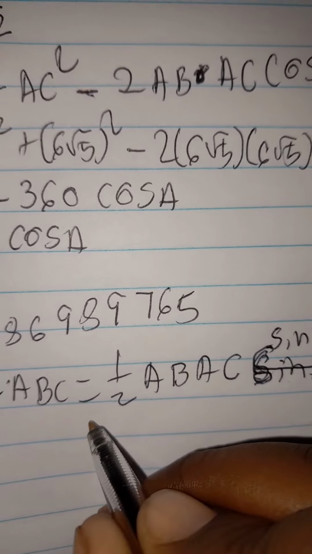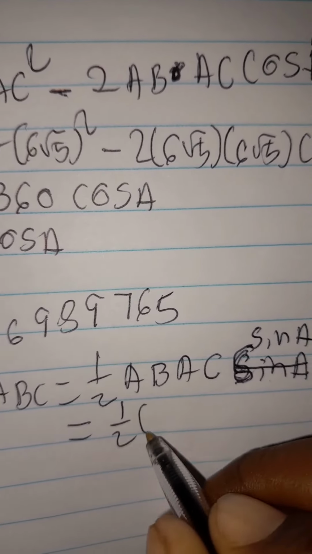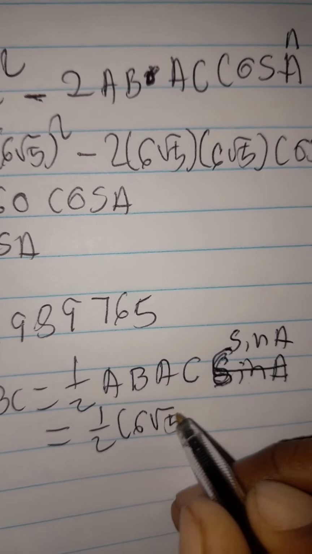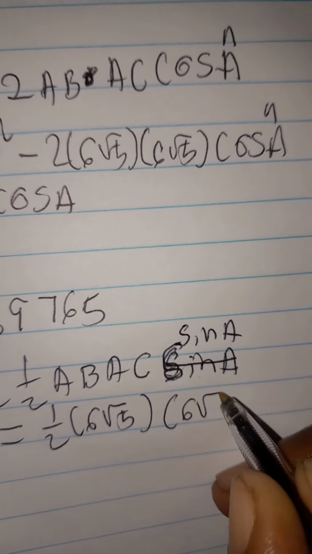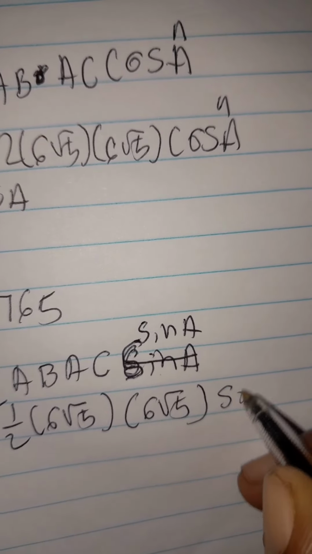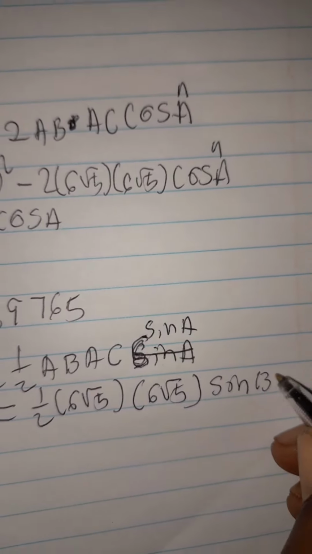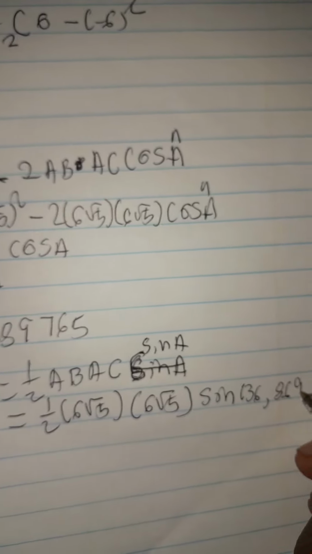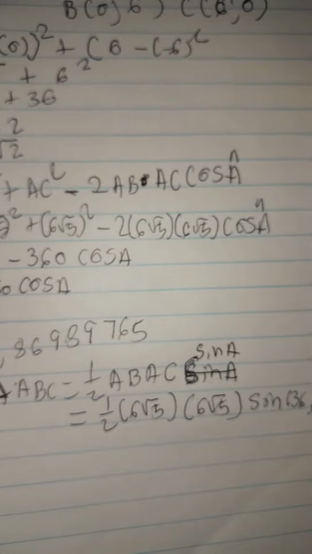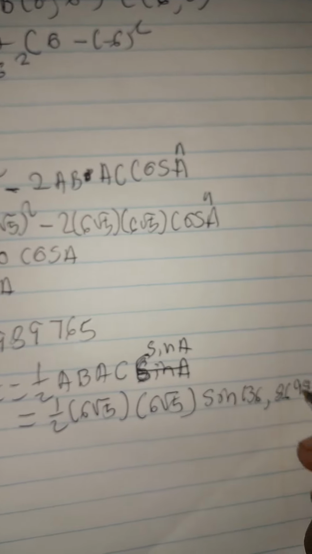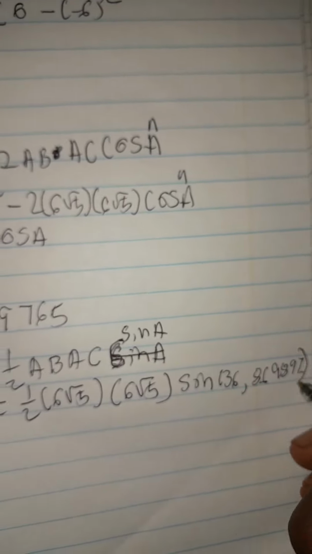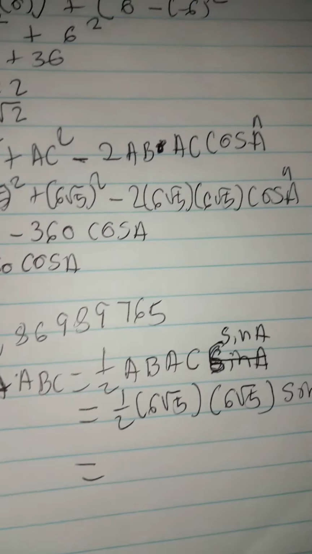Angle A there. So we are going to put AB as 6 root 5 and AC as 6 root 5. So this is going to be sine of 36.8698 and so on. Then from there you can punch your calculator.